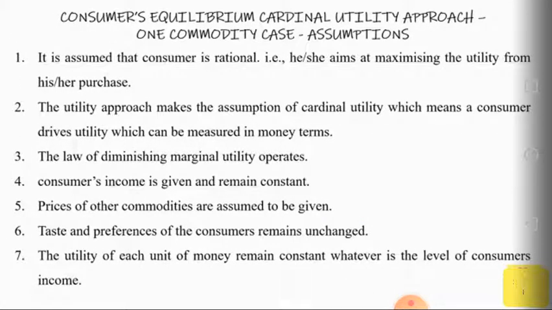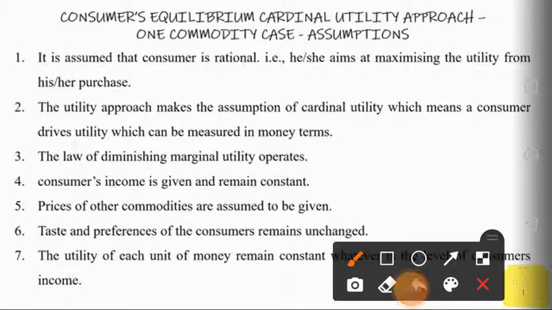Now we'll see what are the assumptions, what are the conditions when a consumer is in equilibrium. There are certain 7 conditions. One by one, I'll revise them all for you. First, it is assumed that the consumer is rational, like he aims at maximizing the utility from his purchases, he wants to get more with less expenditure.